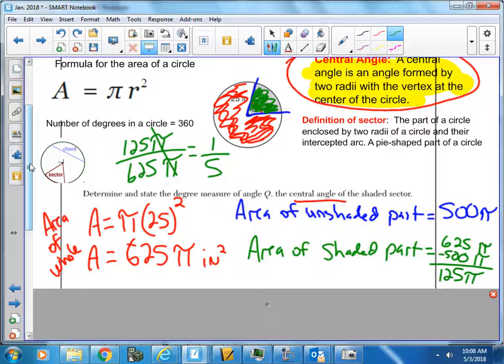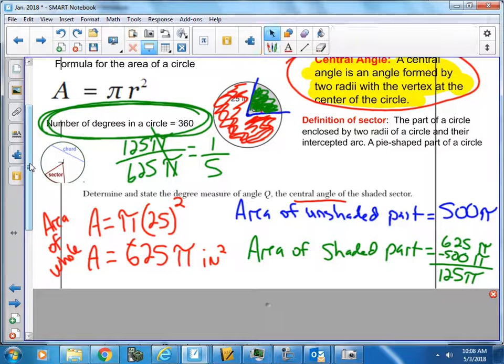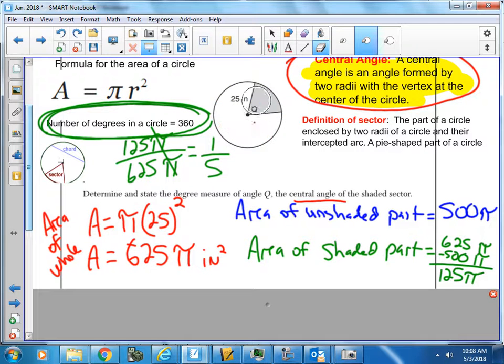All right, so why is that important? Because you're looking for an angle, right? Well, remember, this part here is now going to come in handy. How many degrees in a circle? 360. So if the shaded part that I have in green is 1/5 of the circle, that means that angle is 1/5 of the circle.